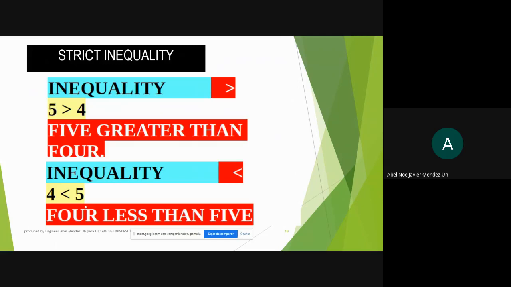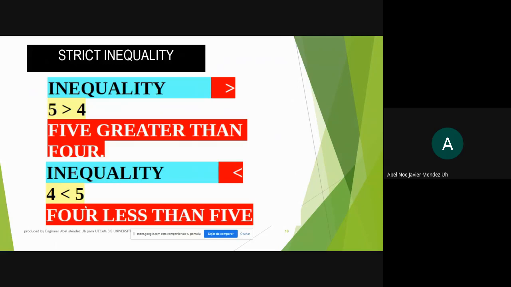And we can read these inequality operations when we use greater than, in the color yellow: 5 greater than 4. Okay, repeat after me. This is an operation of inequality, and in the color yellow we can read it like this: 5 greater than 4.